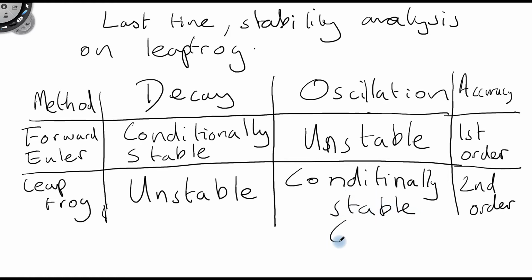Remember the condition: omega delta t less than or equal to 1. If you understand all the elements of this table, we've come a long way. We've got the accuracy from Taylor series at the beginning of this section of the module, and then the conditions for the decaying case and the oscillation case, where sometimes it's unstable, sometimes conditionally stable.